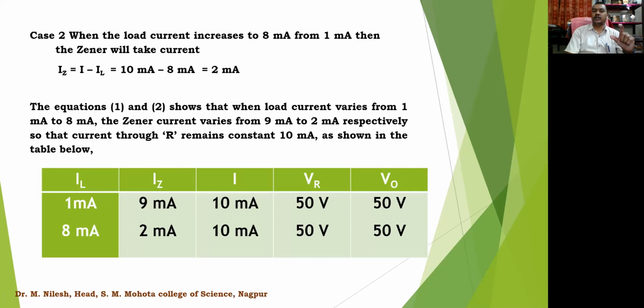We are not regulating the output current. Since the output voltage should remain constant at 50 volt, IZ and IL will manage themselves accordingly, and the output voltage will remain constant.